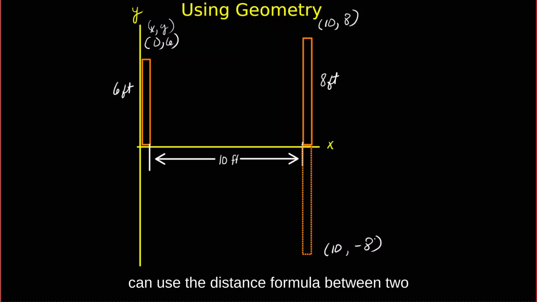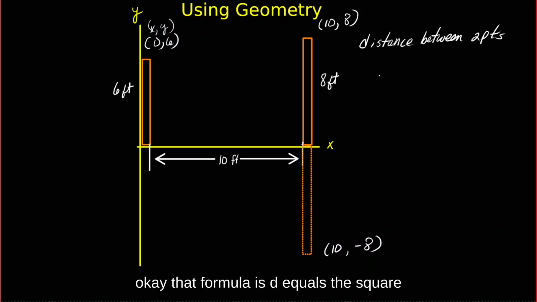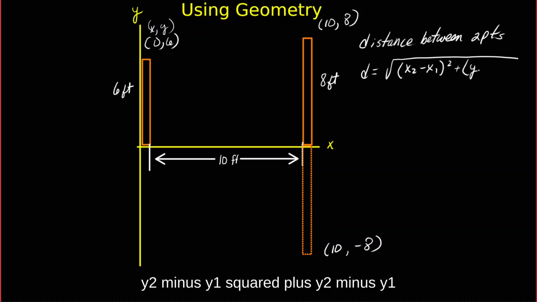So I can use the distance formula between 2 points. That formula is d equals the square root of x2 minus x1 squared plus y2 minus y1 squared.